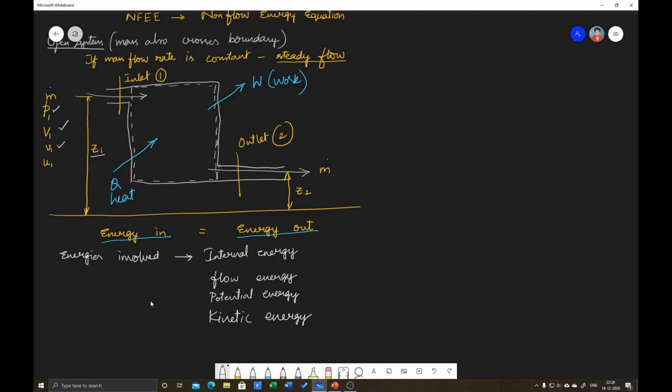So energy is coming in, will have internal energy which is u1, flow energy which is the product of pressure and velocity. Here we are taking specific volume. Here m dot is the mass flow rate.